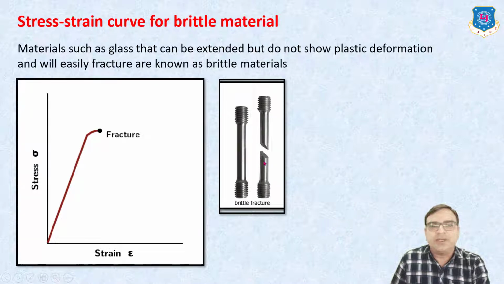So in brittle material, when we apply the tensile force, it breaks suddenly, there is no necking formation. The behavior of brittle material on the stress versus strain curve is like this. This point is the breaking point or fracture point.